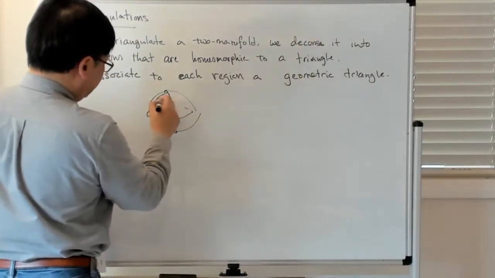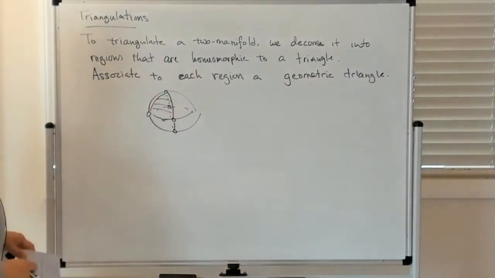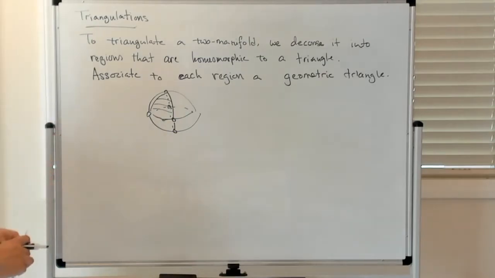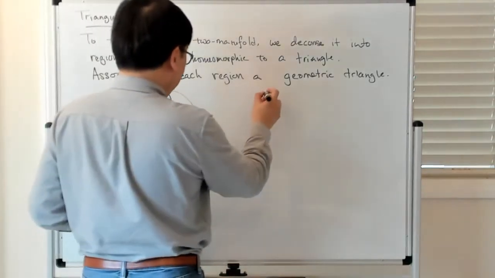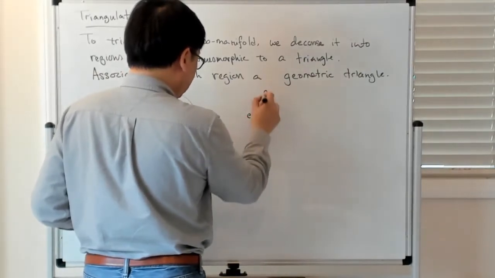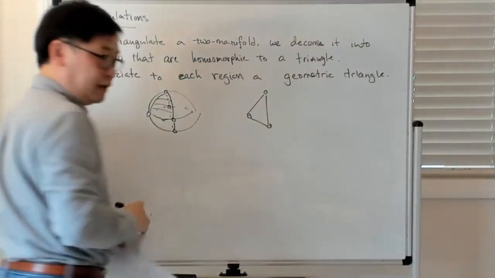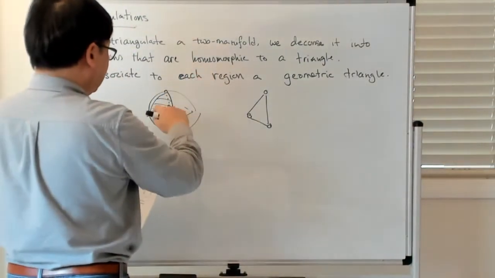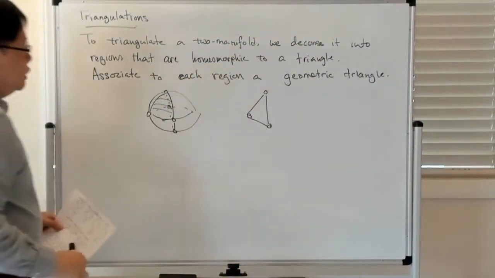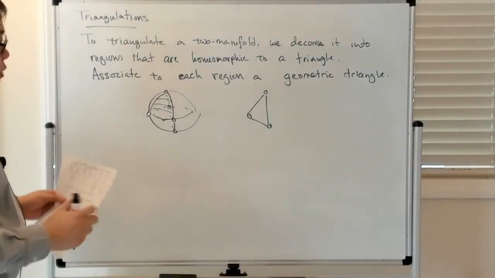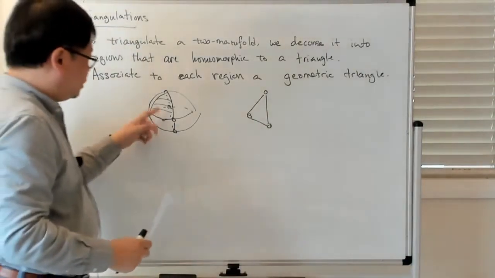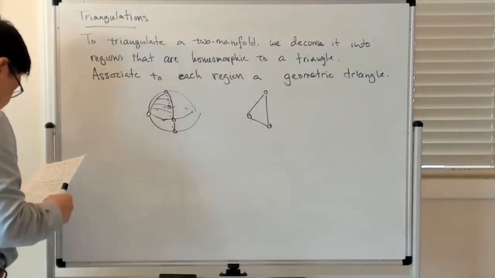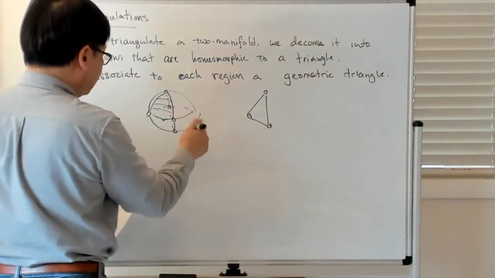So this piece here is something which is homeomorphic to a triangle. So I'm going to identify it with something which is geometrically a triangle, something like that. It's like I have a region which is homeomorphic to a triangle, and then I associate to this region an actual geometric triangle. And I keep doing that.